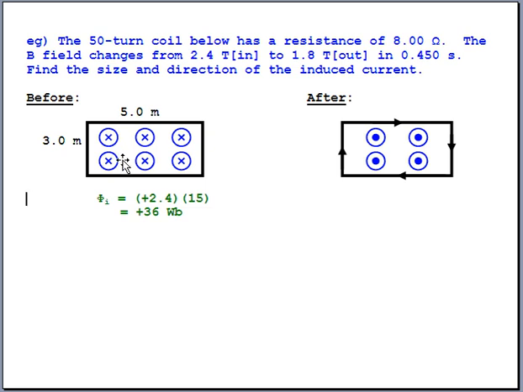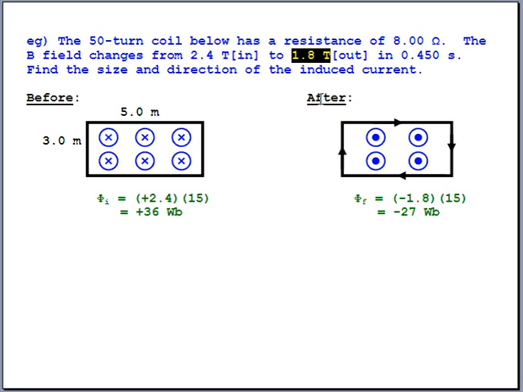Now, I personally have just put a little plus sign on this. There's no real standard here, but I just wanted to make a little note to myself that the flux is going one direction. It's going into the page in this rectangle that's here. What about the final flux? Well, it's 1.8 Teslas of magnetic field.